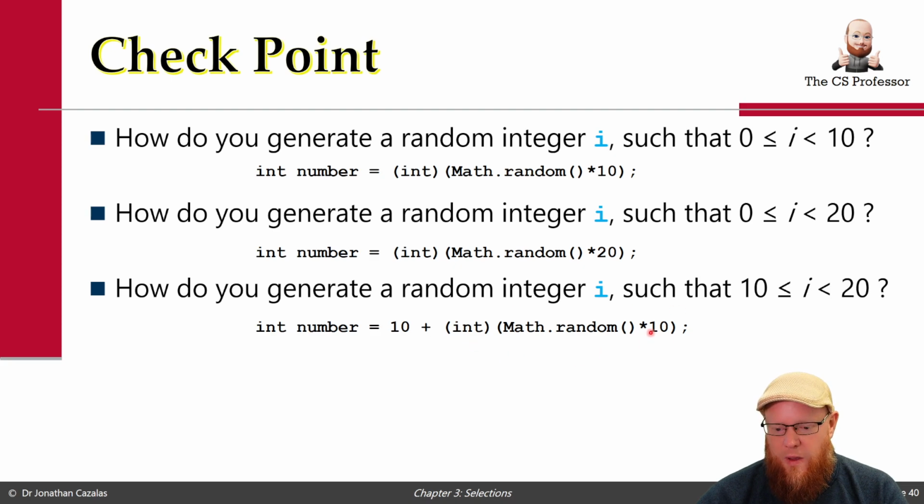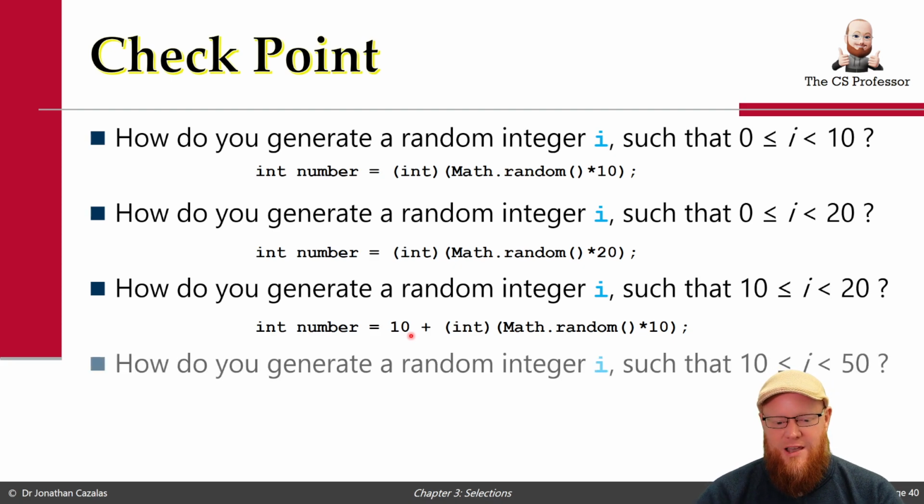You generate a random number from 0 to 9, which is 10 possible numbers, and then you add 10 to it, which is super funky, right? Which is why I said this is not the nice way of generating random numbers. We absolutely will show you a better way, but you need to have been exposed to this, and you need to make sure you understand how to solve that type of a question.